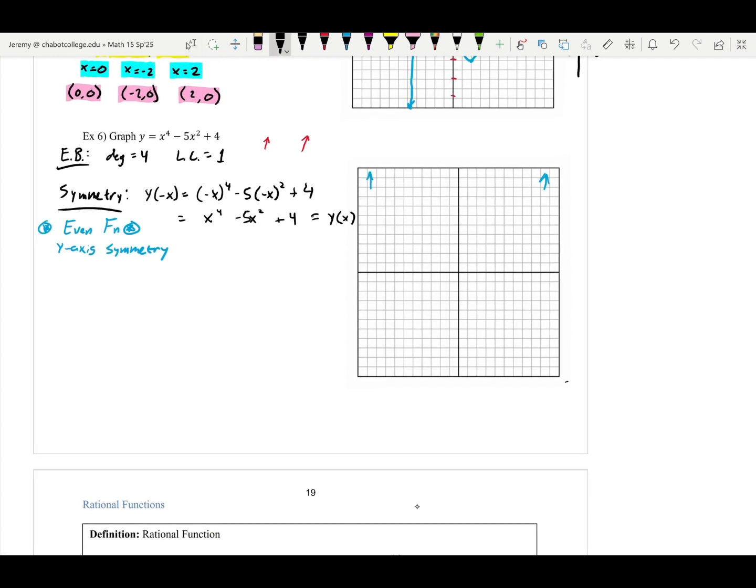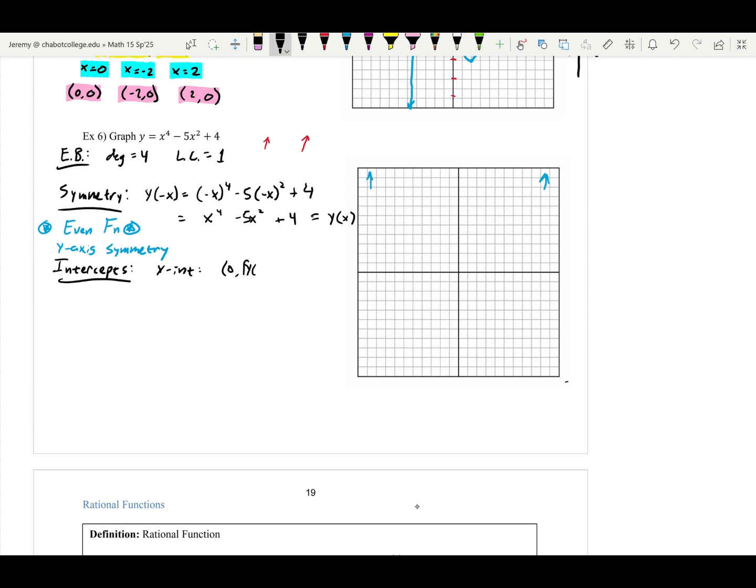So now let's get to the trickier part. Let's find the intercepts. Y-intercept. The y-intercept is going to be the ordered pair 0, f of 0. Or I'm just writing y of 0 for this problem because this function was given in the form y equals this and that.